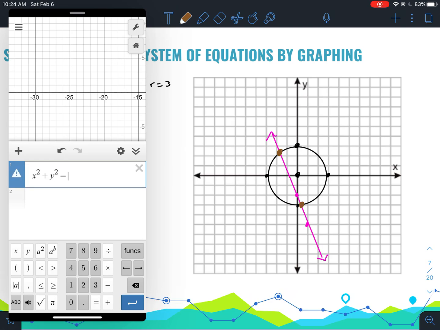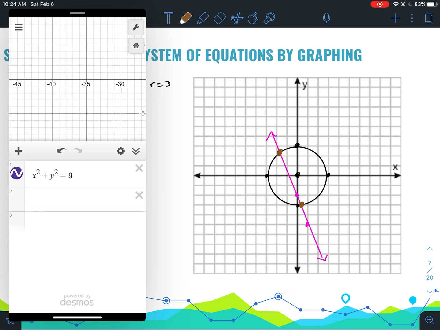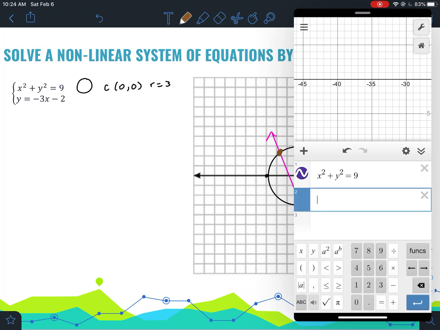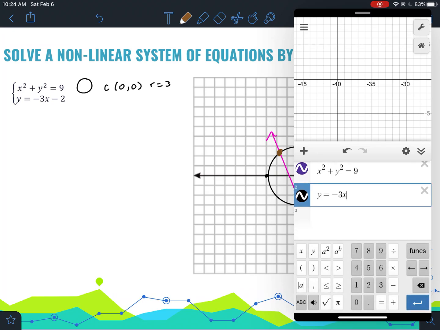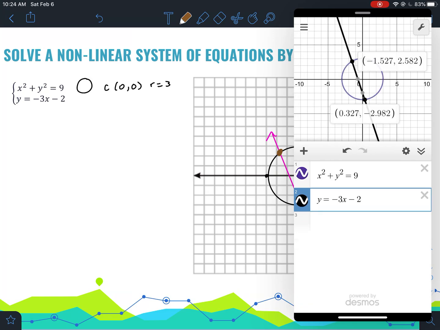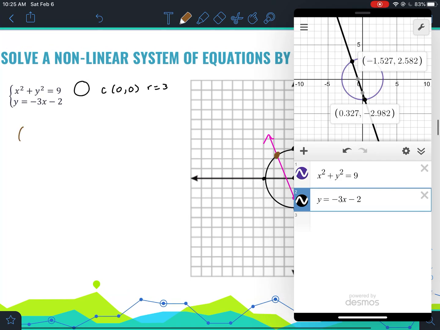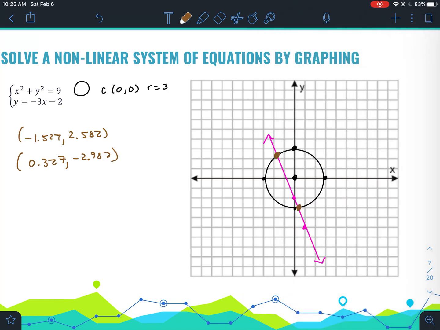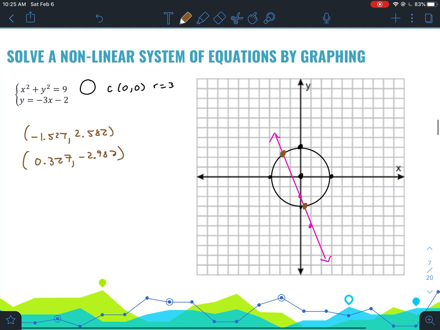So x squared plus y squared equals 9, and y equals -3x minus 2. So we've got our circle and our line, and they intersect at the points (-1.527, 2.582) and (0.327, -2.982). So we can estimate by graphing by hand, or we can use Desmos to find the exact solutions.